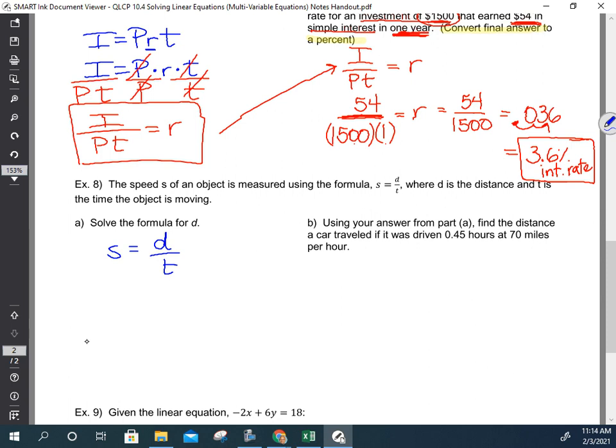I want to get D by itself. So the T has to go. So how do we get rid of this T? Multiply it on both sides. T is already dividing. You do the opposite to get rid of it.